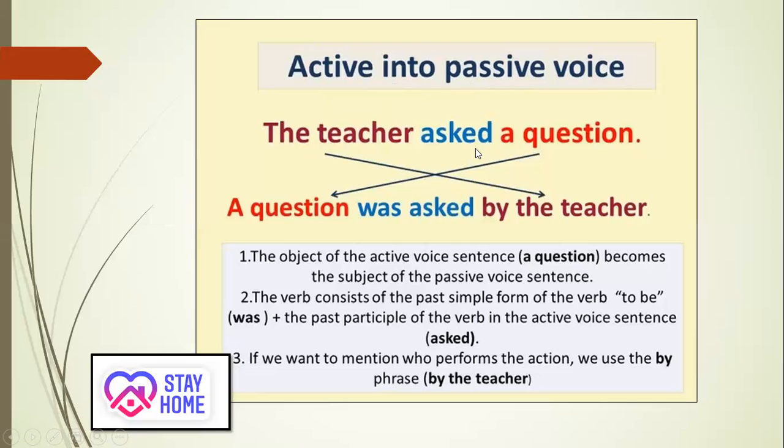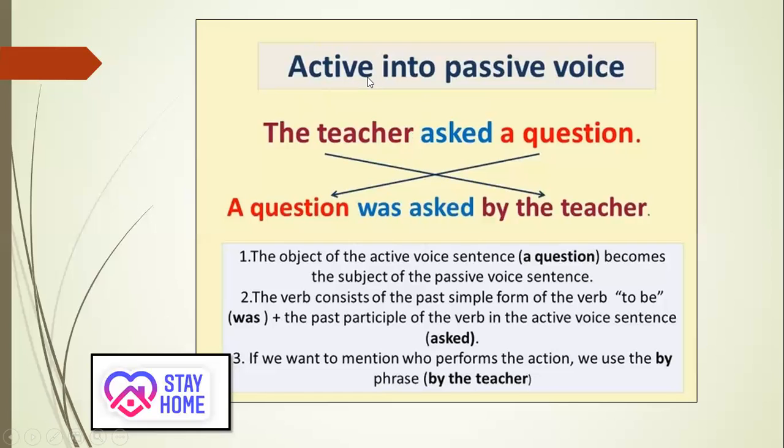This is an active voice because the teacher is the person who makes the action. The teacher asked what? A question. This is the object. Subject, verb, object, simple past.